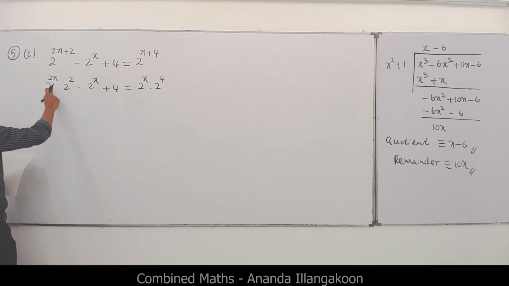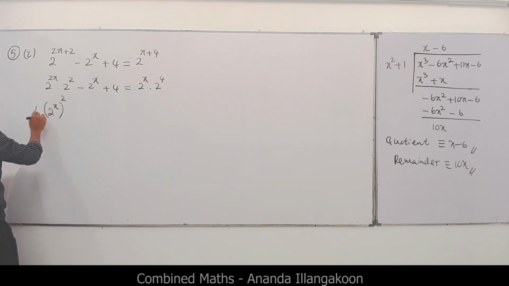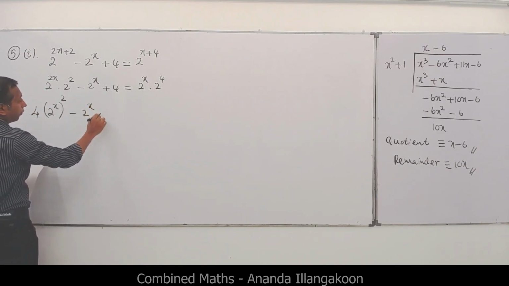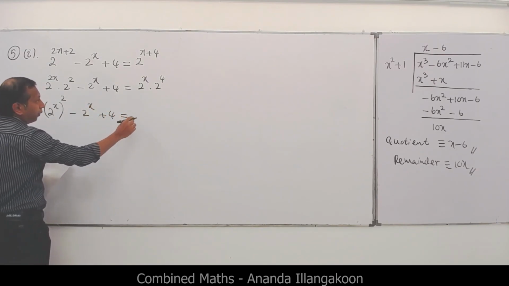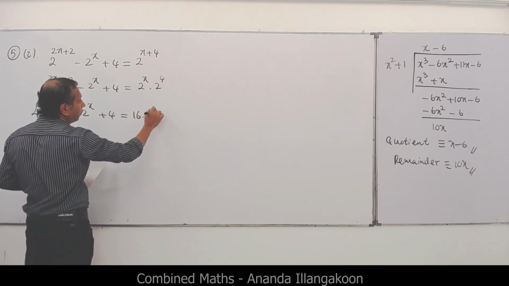And here, this 2 to the power 2x I can write 2 to the power x whole to the power 2. This x and 2 when we multiply, we get this. 2 squared is 4. Therefore I write it here. Minus 2 to the power x and 4.